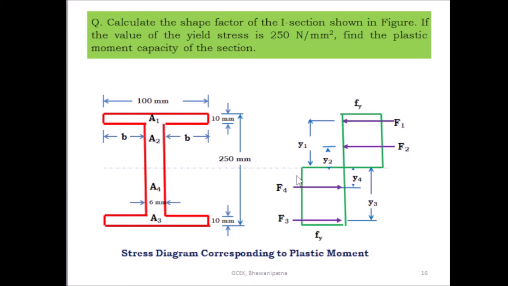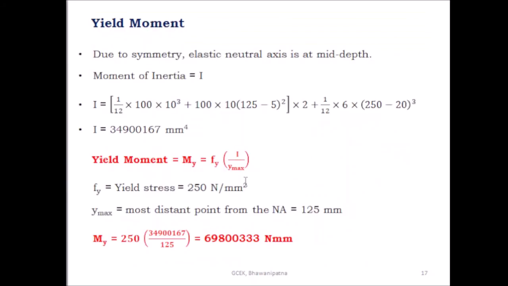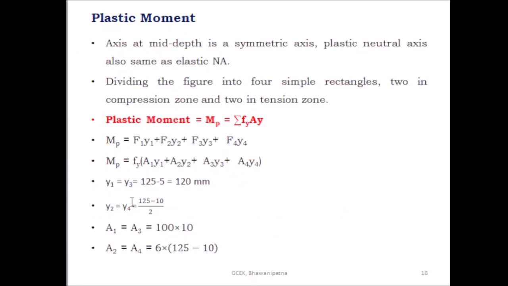Similarly, Y2 is equal to the center of this. So this is 125 minus 10, 115 by 2. Y2 is equal to 115 by 2. Y1, Y3 is equal to 120, and Y2, Y4 is equal to 125 minus 10 by 2.